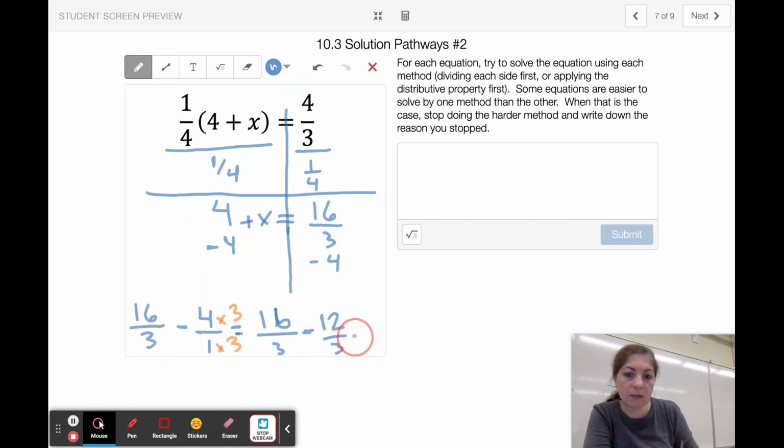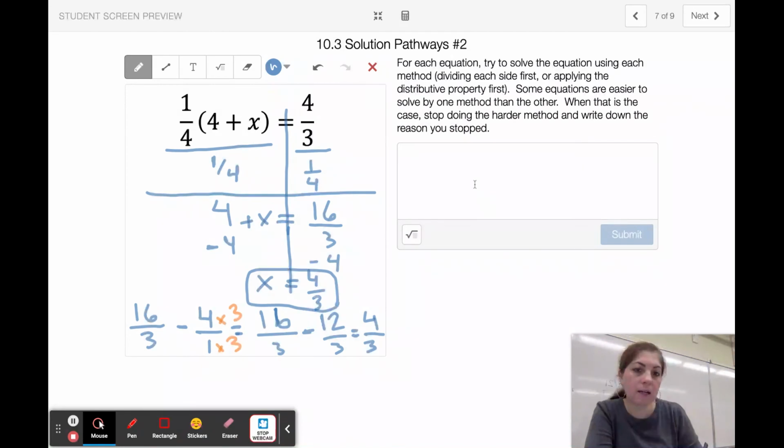And now I can simply go ahead and subtract. You know that the denominator stays 3. 16 minus 12 is 4. So I will be getting x equals 4/3. And I can box my answer to show that that's my final answer.